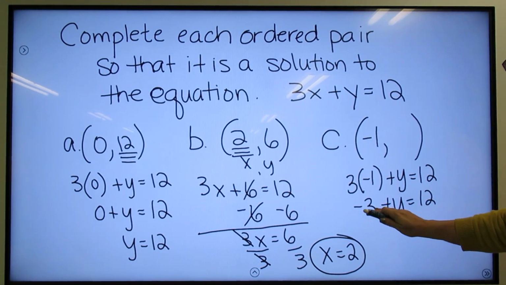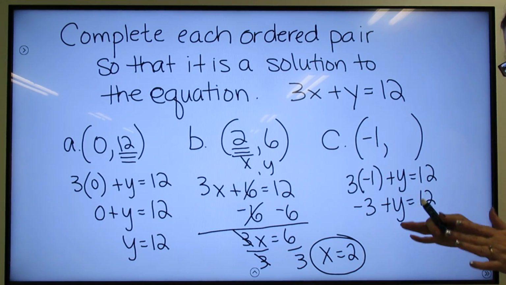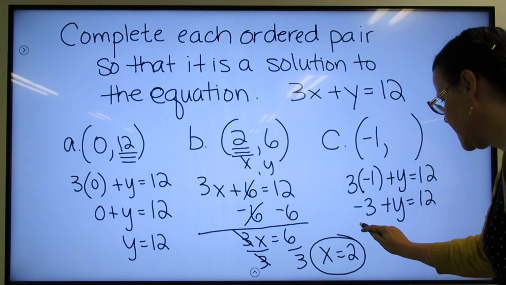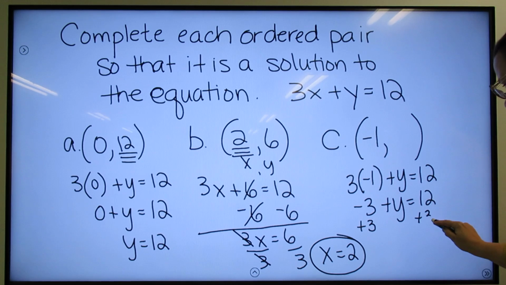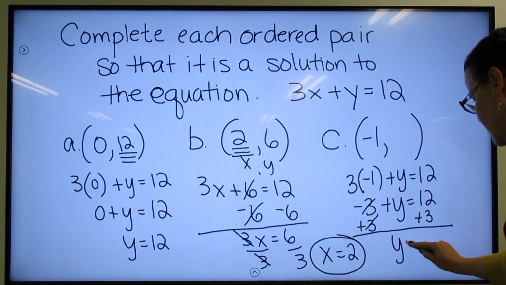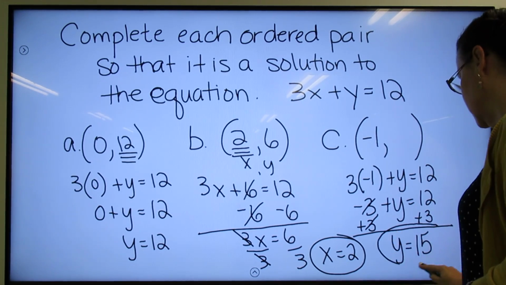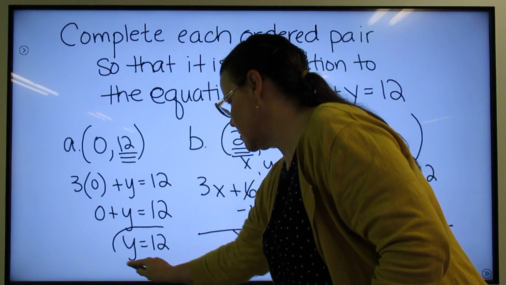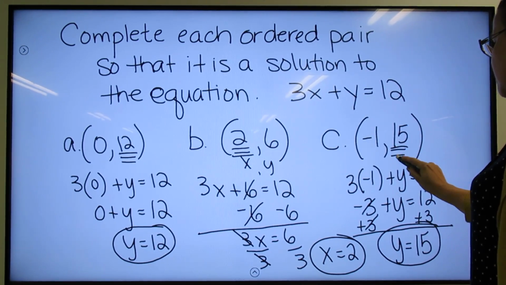To get rid of this -3, I have to do the opposite of subtracting, which is to add. So I'm going to add 3, and if I add 3 to one side, then I have to add 3 to the other side. And then y equals 15. I didn't circle this answer. So, we have 15, and that's the answer there.